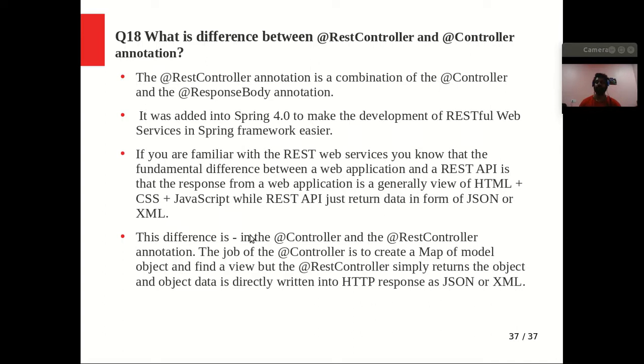The difference is that the job of @Controller is to create a map of a model object and find a view. Means you will get a response in the form of a view or an HTML file, which will contain the CSS and the JavaScript. But if you're using @RestController, then you will get the response in the form of JSON or XML. If you're using a REST API, then you will get it in the form of JSON, right?